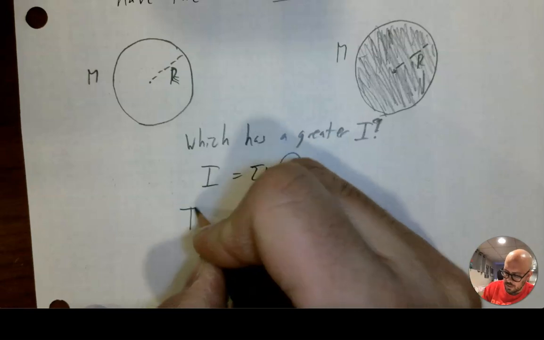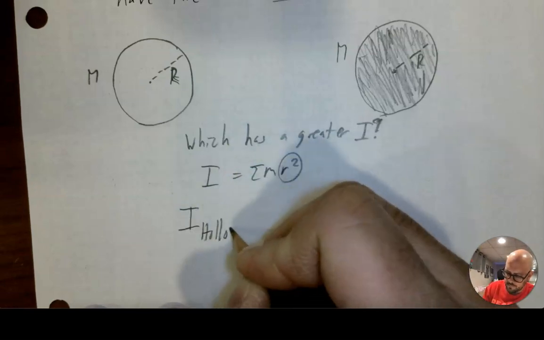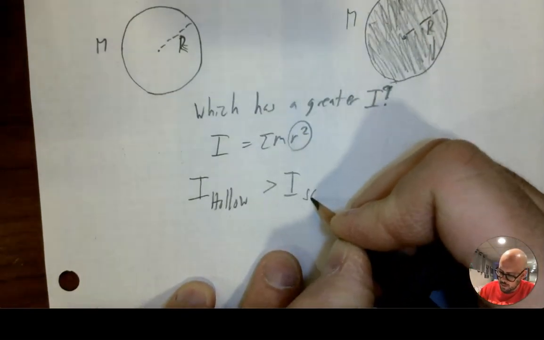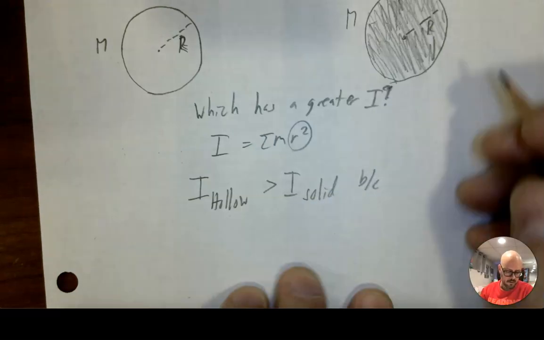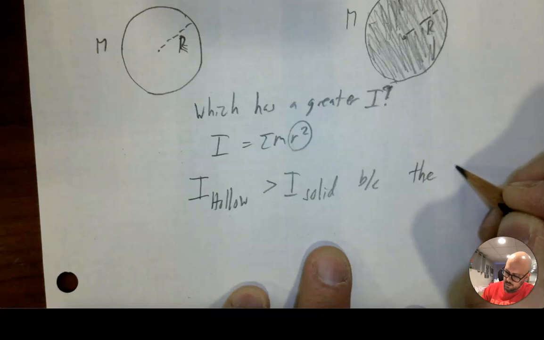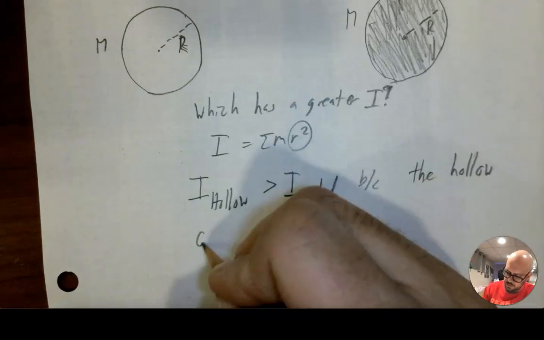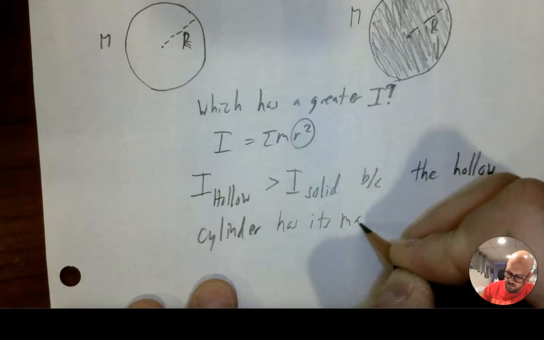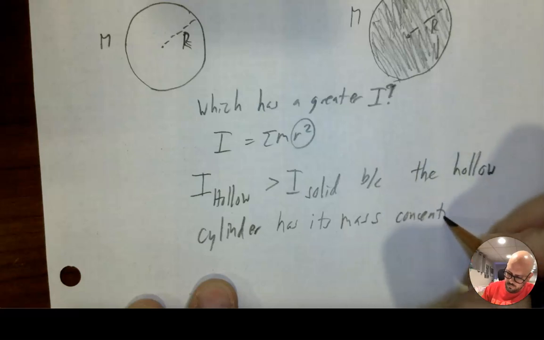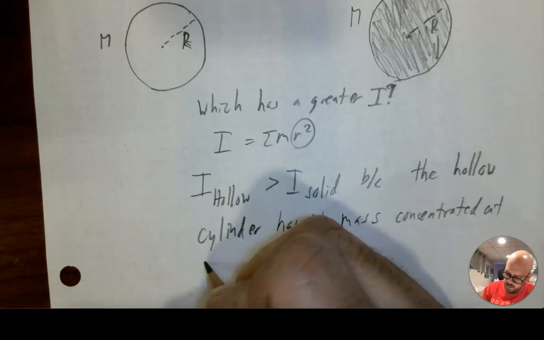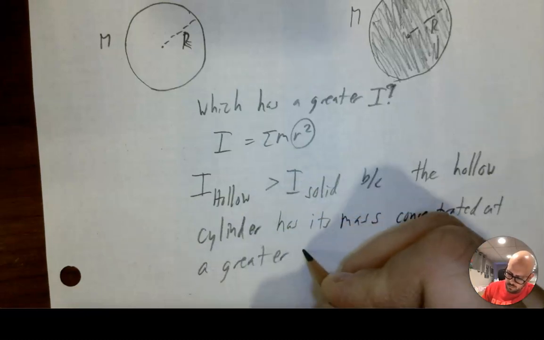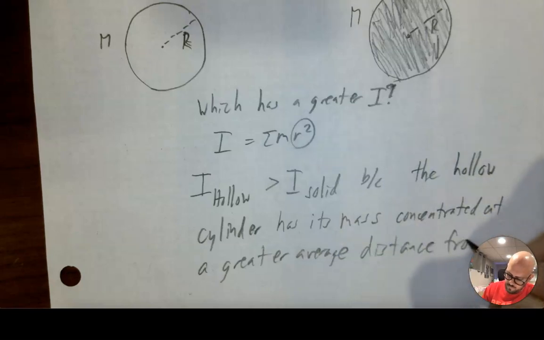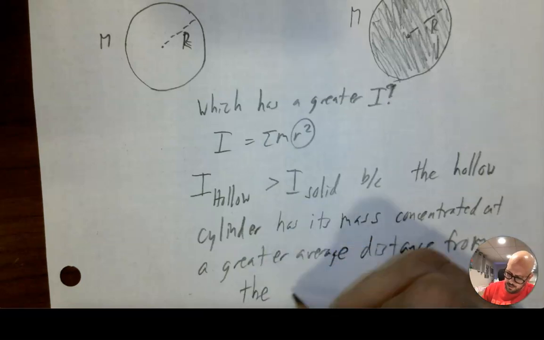So the rotational inertia for the hollow cylinder is greater than the rotational inertia of the solid cylinder, because the hollow cylinder has its mass concentrated at a greater average distance from the axis.